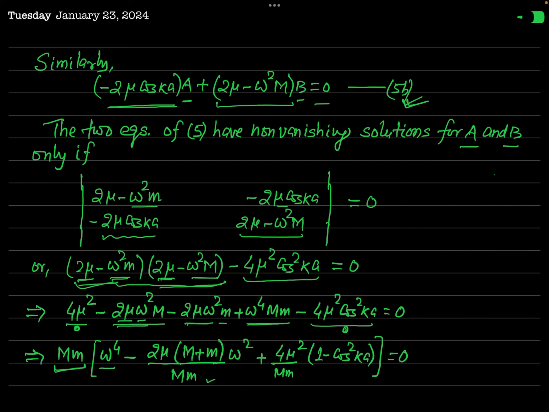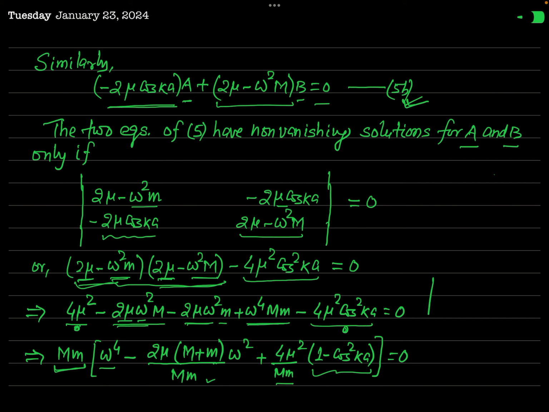Okay. And finally the combination of the first term and the last term you will get plus 4 mu square times 1 minus cos square Ka. And again, as it does not contain M times m, so you have to divide it by this. Okay. And this is equal to 0.